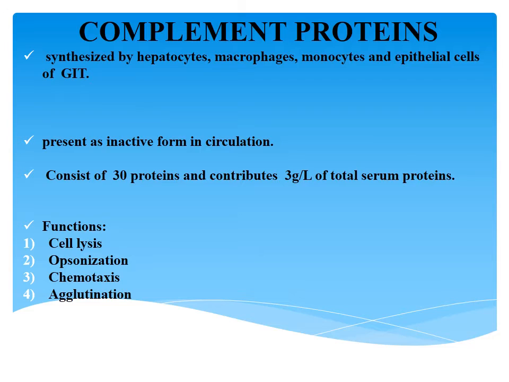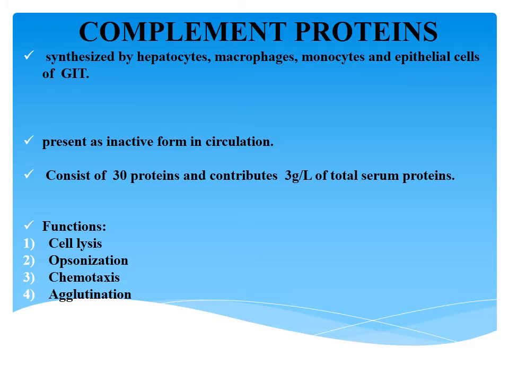Chemotaxis: as we will discuss the various types of complement proteins, we will see that some of the complement proteins are chemoattractants. And they help in agglutination. So the important functions of the complement system are cell lysis, opsonization, chemotaxis and agglutination.